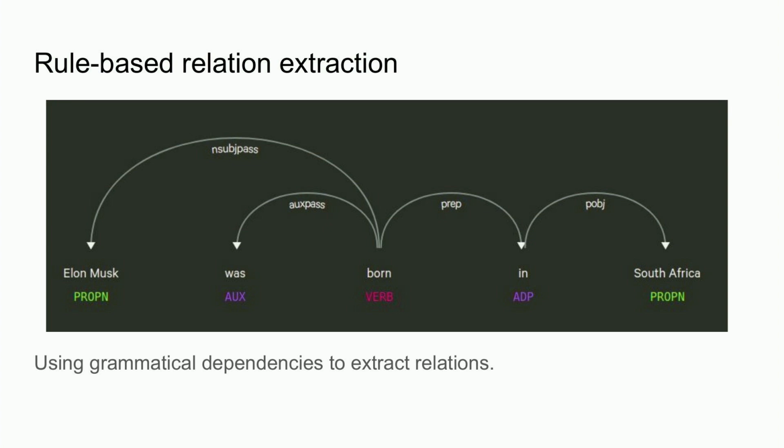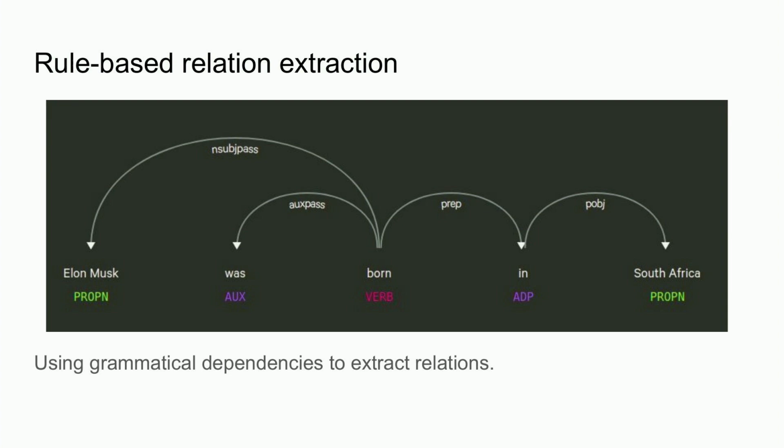And that can be translated to grammatical dependencies. As you can see, we've got the verb, which is in the middle. We've got the subject, which is Elon Musk, and we've got the object, which is South Africa.